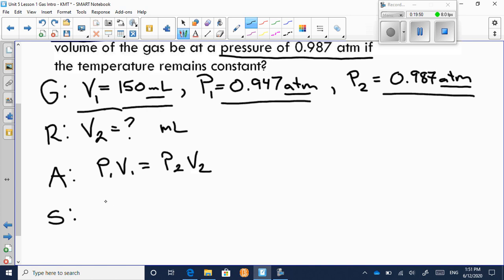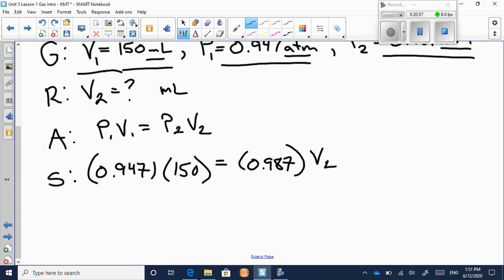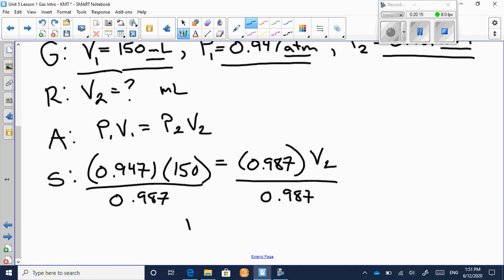Here we go. So 0.947, I'm subbing that in for my P1, times 150 is equal to 0.987 times V2. And now to solve this, you divide both sides by 0.987. So that'll isolate your V2.